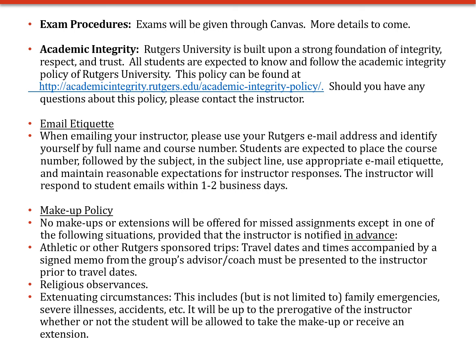Any religious observances or any other extenuating circumstances. So illness, death in the family, accidents, things like that, that would be left up to my discretion to decide whether or not to give you an extension or a makeup.